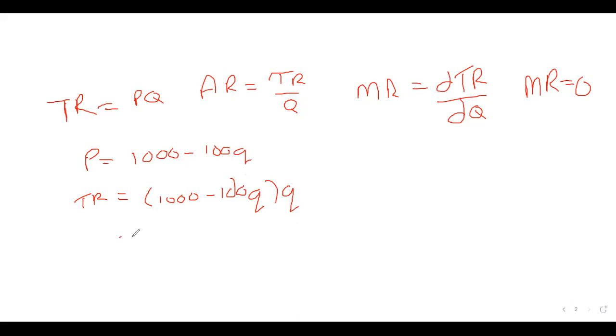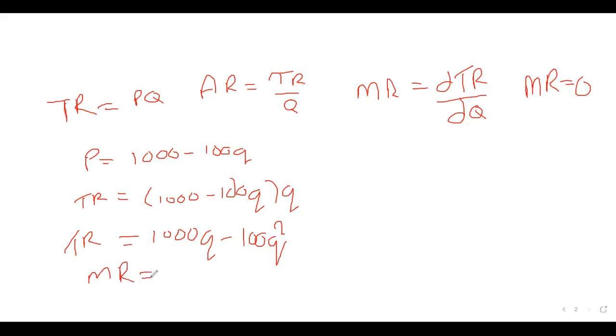So when you expand that, we're going to have 1000Q minus 100Q squared. This is called our total revenue. To find our marginal revenue, we simply differentiate.